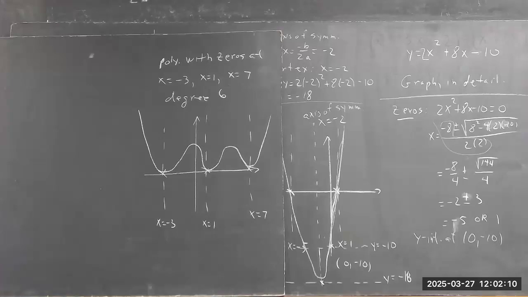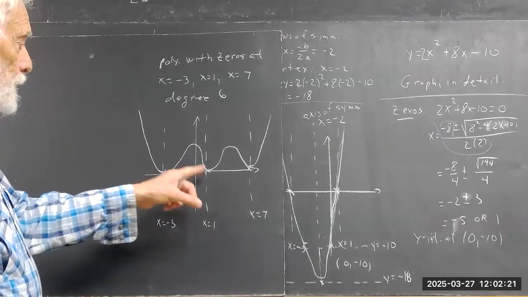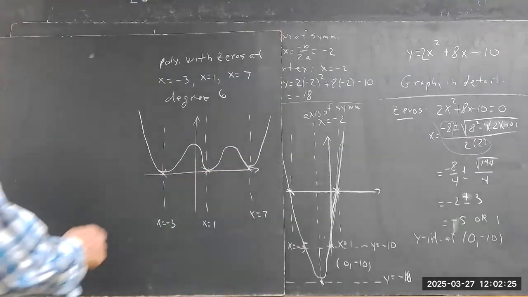That's possible. That clearly has degree 6, right? Well, not so clearly, but this would be a 0 multiplicity 2. This would be a 0 multiplicity 2. This would be a 0 multiplicity 2.